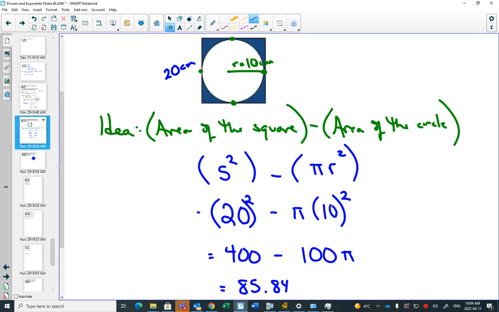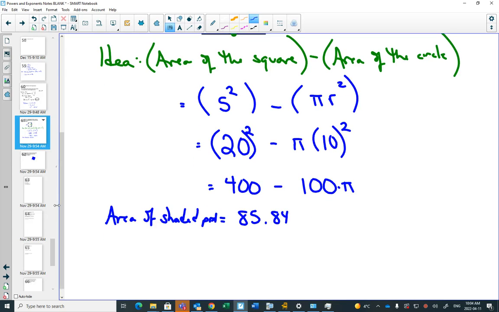I type this in, and this is the area of the shaded part. Yeah, 3.14 times 100 will be approximately 314. I used all the decimal places, right? Because this you would have to do on your calculator, 100 times pi.